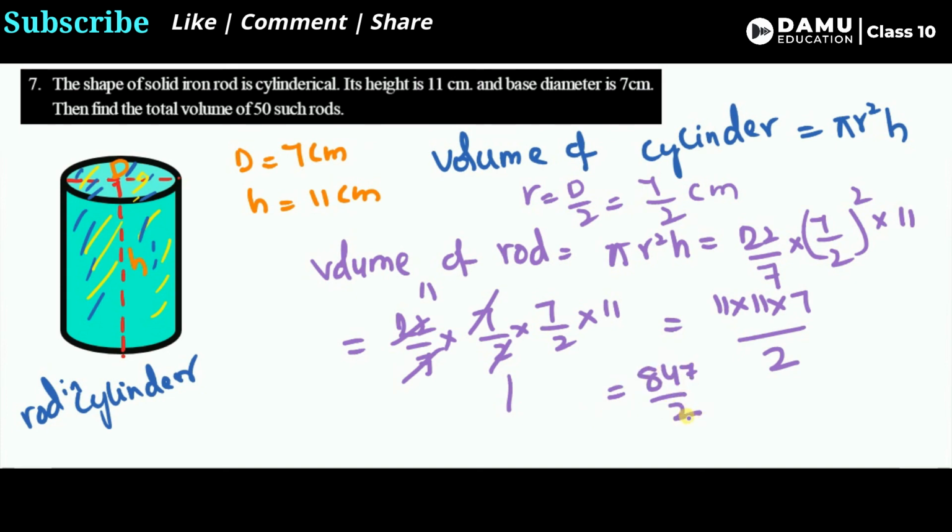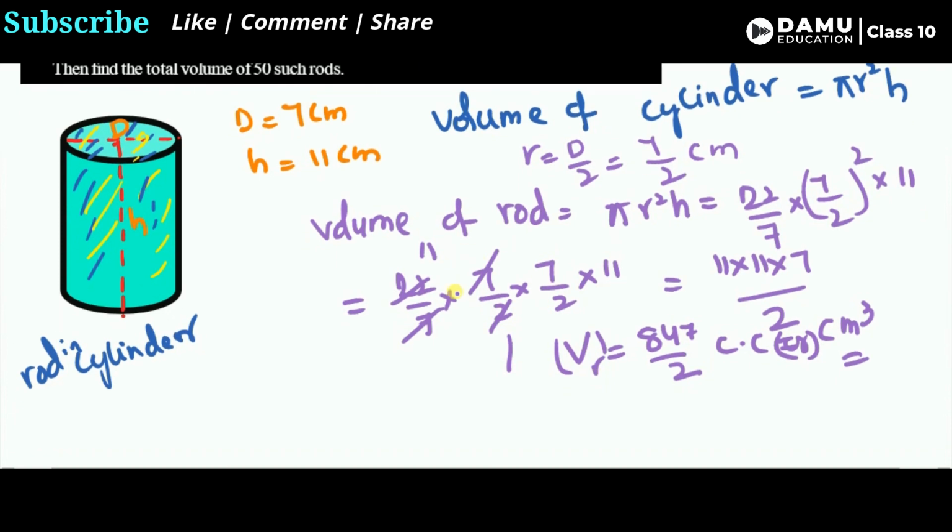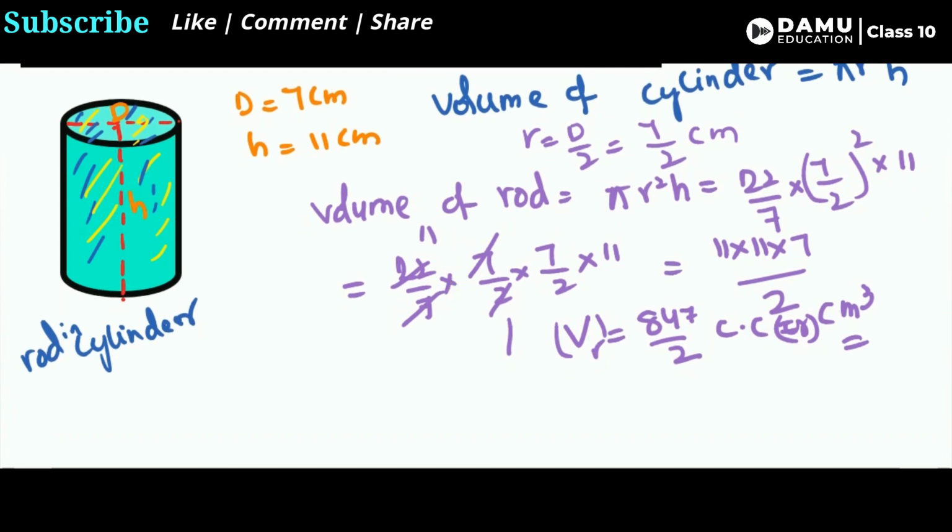Keep this value as it is. The unit is cubic centimeters, cc, or centimeter cube. So this is the volume of the rod. Let's call it V_R. Then we need to find the volume of 50 such rods.